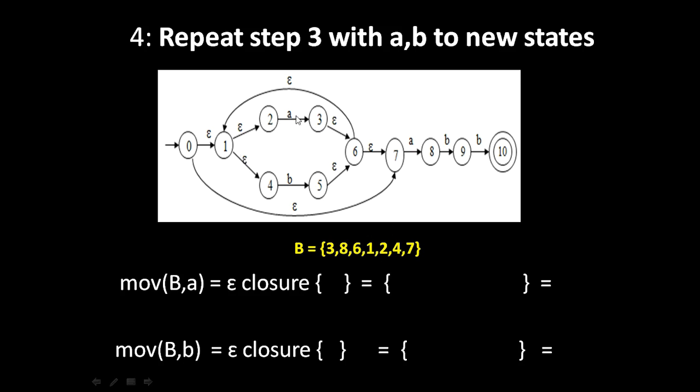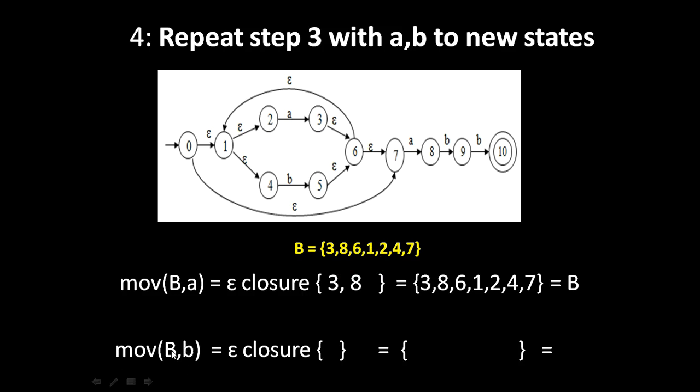From 2 there is an a, reaching state 3, so I include 3 here. From 7 there is an a, reaching 8. So from set B, 3 and 8 is the result. Now I want to find the epsilon closure of 3 and 8. I already found the epsilon closure of 3 and 8, and that value is nothing but state B. So I can give the old name B.